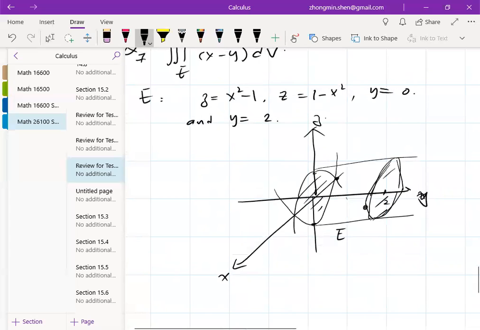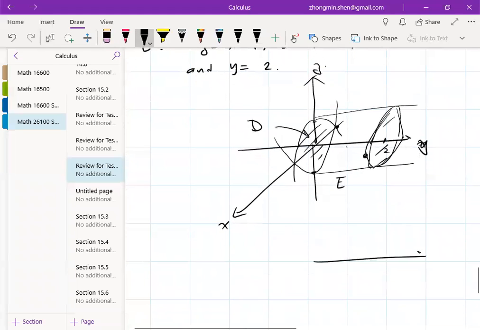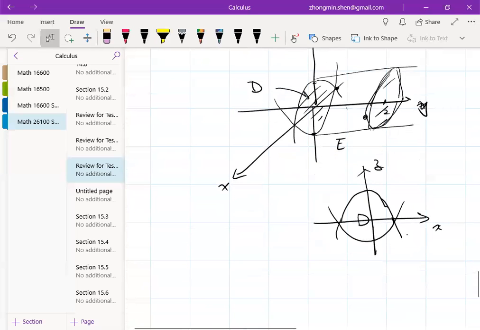So I call this one the domain D. D is in the xz plane. It goes like that. So we change the triple integral to a double iterated integral.